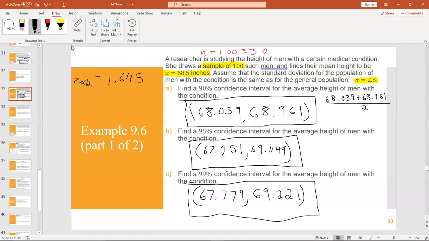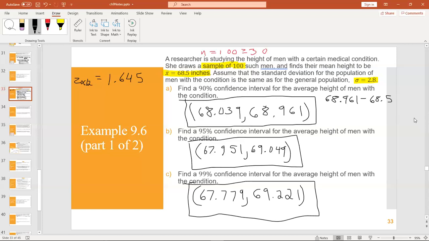No, actually, we don't need to do that because we already know what the middle is. The middle is 68.5. What we can do is just take the top of the interval, 68.961, subtract 68.5, and that'll tell you the margin of error.